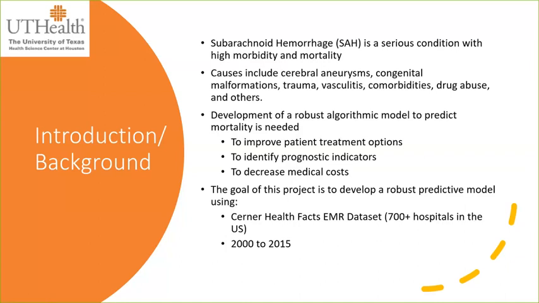Causes of this condition include cerebral aneurysms, congenital malformations, trauma, vasculitis, comorbidities such as diabetes and hypertension, and drug abuse, as well as others. Development of a robust algorithmic model to predict mortality is needed to improve patient treatment options, identify prognostic indicators, and decrease overall medical costs in the healthcare industry.